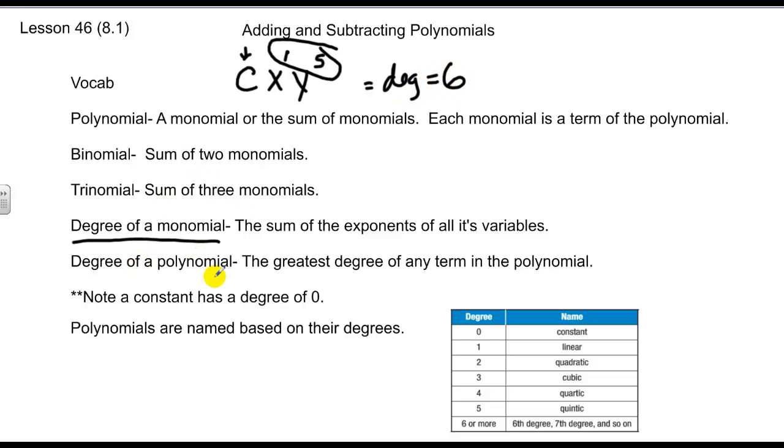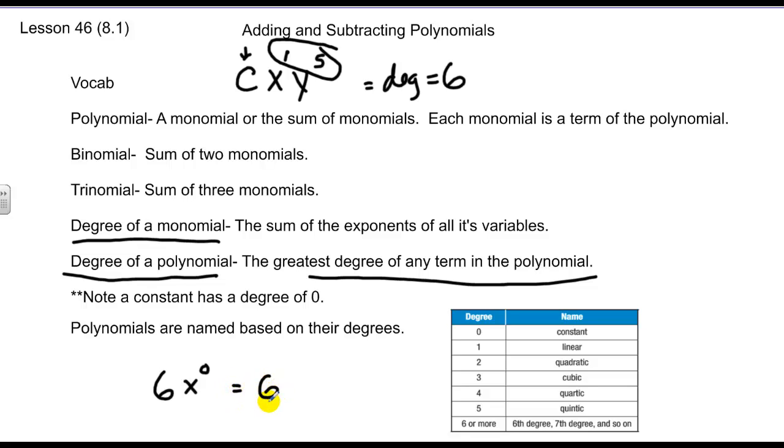And the degree of a polynomial, so if I have a long term, the degree is just the greatest degree of any of the monomial terms. All right? And a constant, like the number 6, has a degree of 0. So there is no, well, we could say actually that it has a variable of x, but its power is 0. We know anything to the 0 power is 1, so it doesn't appear.